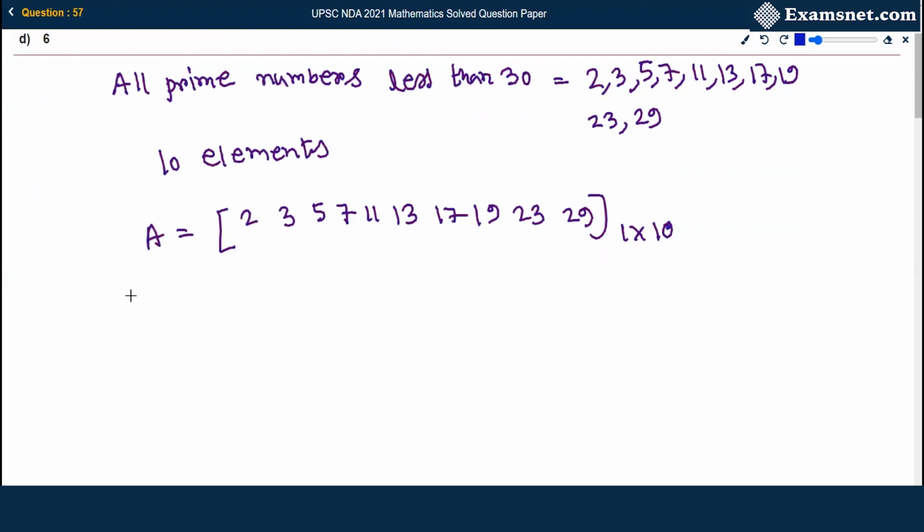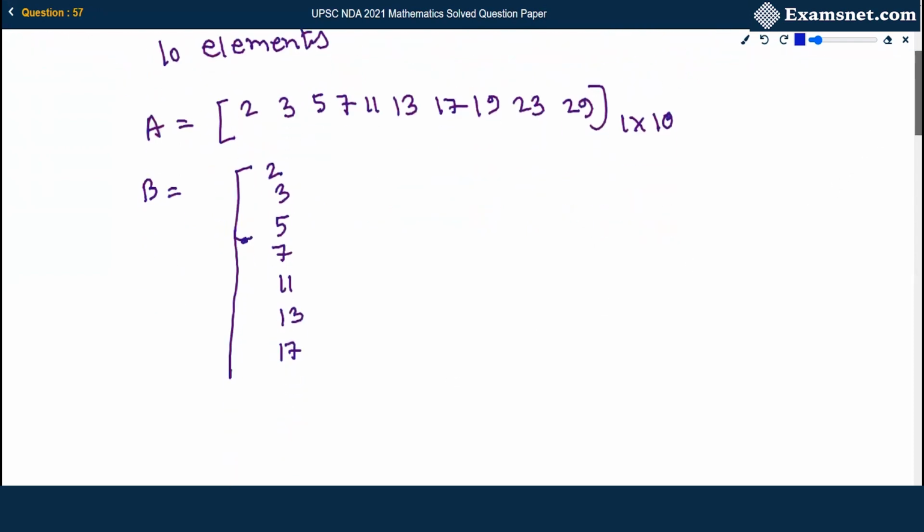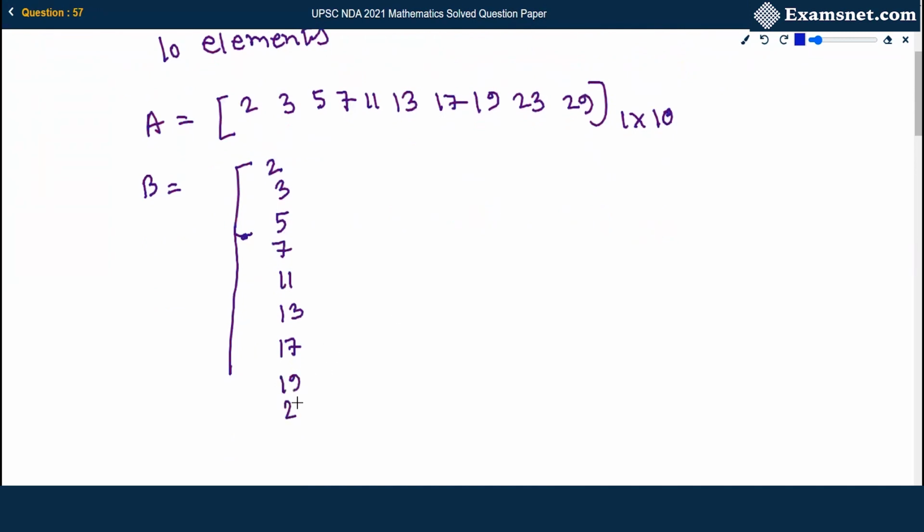Or we can write it another way, with one column and 10 rows: 2, 3, 5, 7, 11, 13, 17, 19, 23, 29. So look here, it's another representation of the matrix. Here 10 rows are there and one column.